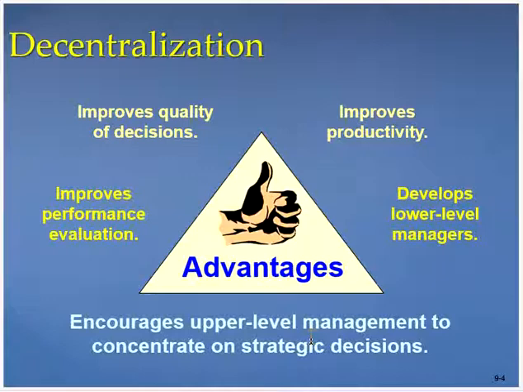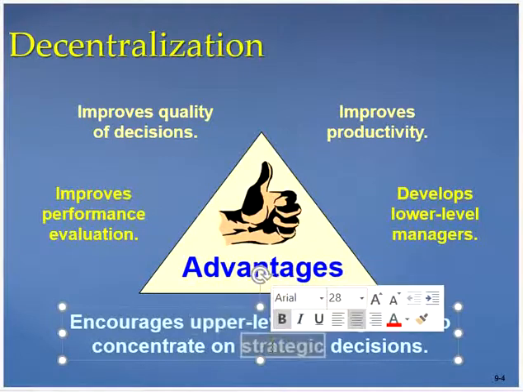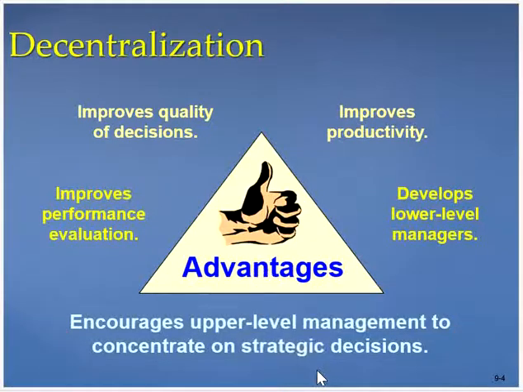Upper level management can concentrate on long term planning: which market to enter, which product to focus on, what competitors are doing, and what our strategic direction should be. They should spend their time on these things rather than on routine things.